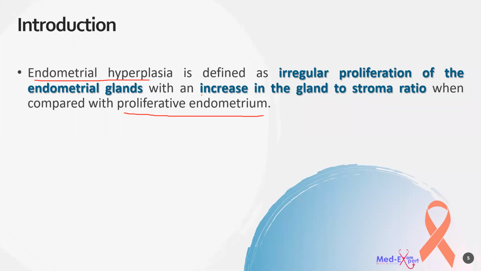This is the point: the increase in the gland to stroma ratio. The glands are increased with little intervening stroma in between them. So this is the hallmark of differentiation between endometrial hyperplasia and the normal proliferative endometrium.